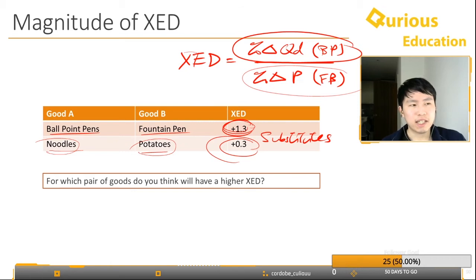So just a small decrease in the price of fountain pens would mean that more people are buying fountain pens, and also a lot fewer people would be buying ballpoint pens because they already got fountain pens. So this just means that they're a very close substitute and they can replace each other almost entirely or very fully. Whereas for noodles and potatoes, they can replace each other but not as fully.